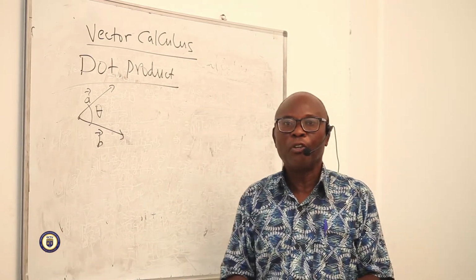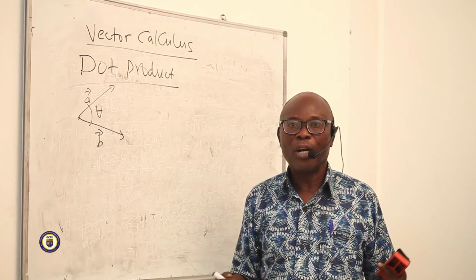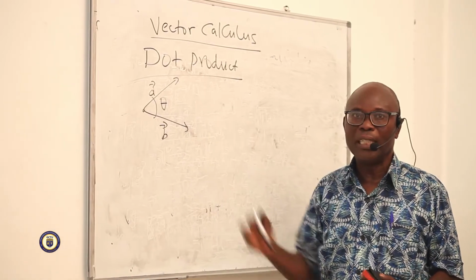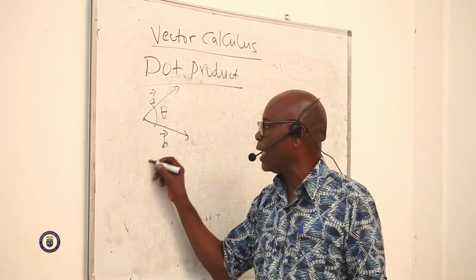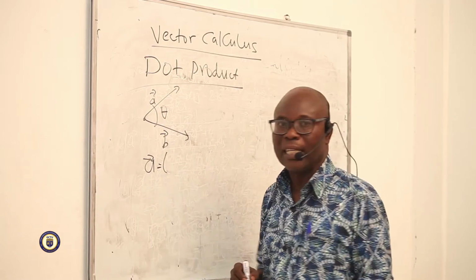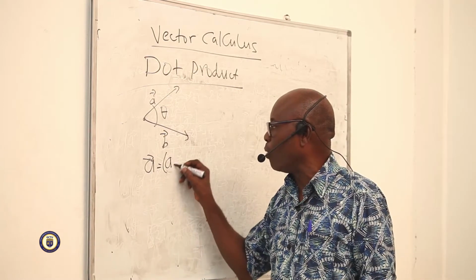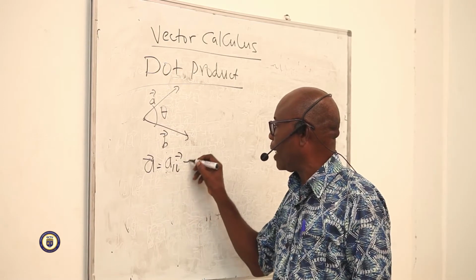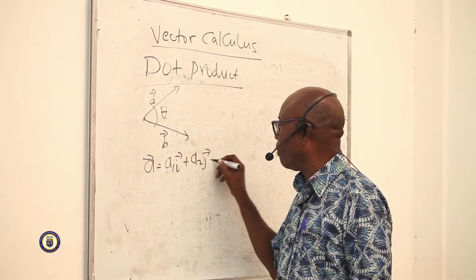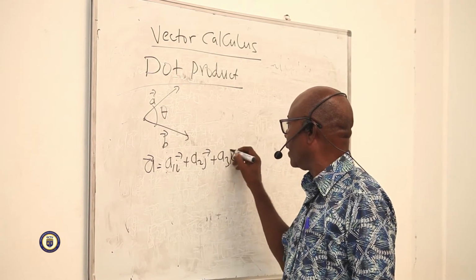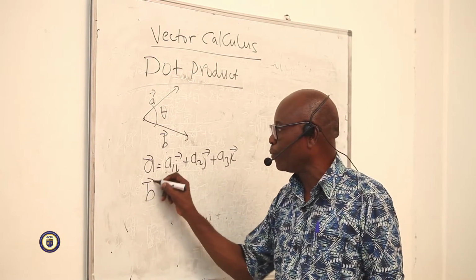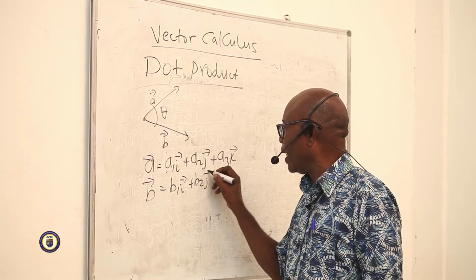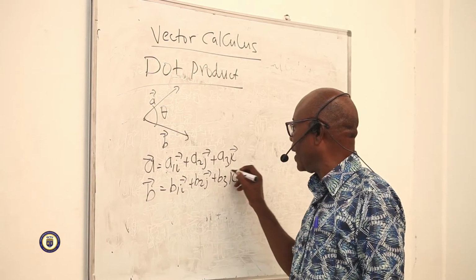And so if you have two vectors and you want to find the angle between them, you have a vector A which is defined in three dimensions as A1 i plus A2 j plus A3 k, and B1 i plus B2 j plus B3 k.